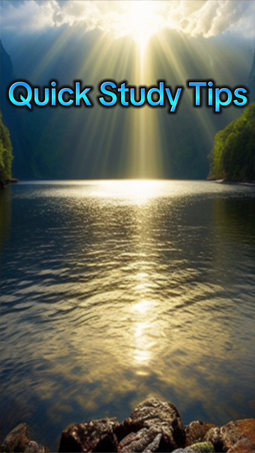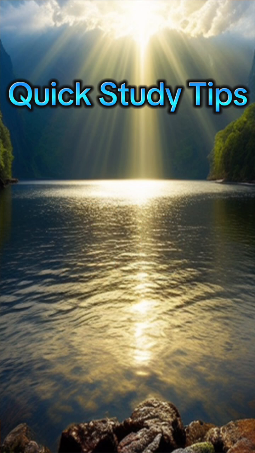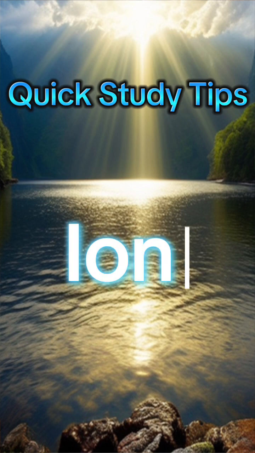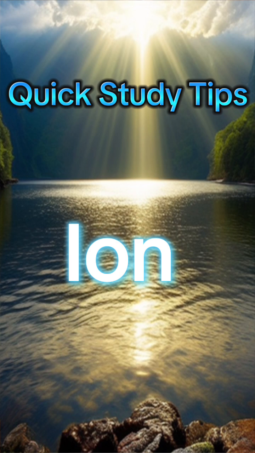Let's look at the beginning of the word. So there's a prefix there, dis, dis. This is to remove or the removal of something, right? And let's look at the last three letters in that word, the ION, the shun part. The shun, ION means the state of being of something or the act of something happening.